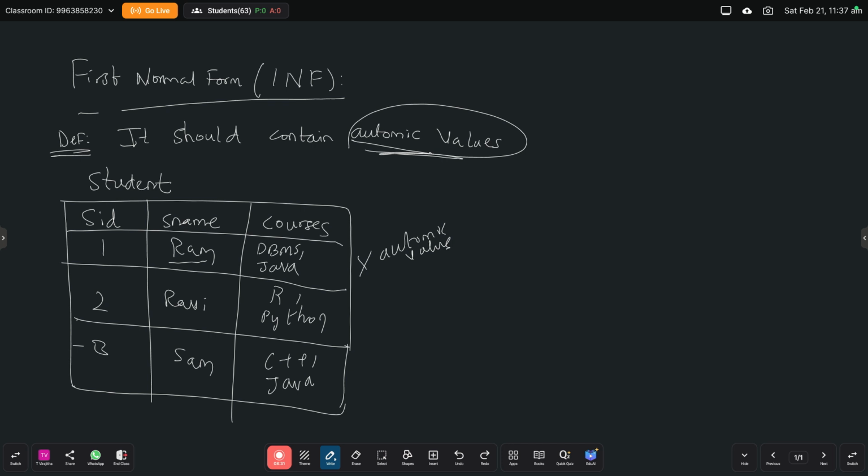You have to enter only single values row-wise. Clear? So how to decompose this table? Decompose means dividing the table into smaller tables or rows.